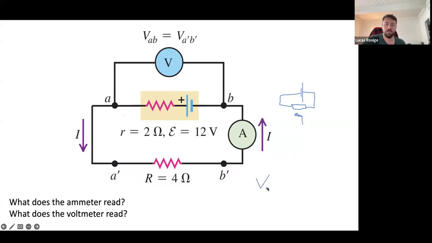So V A prime B prime is going to be equal to the current we've just recovered multiplied by the resistance. Sorry about that.